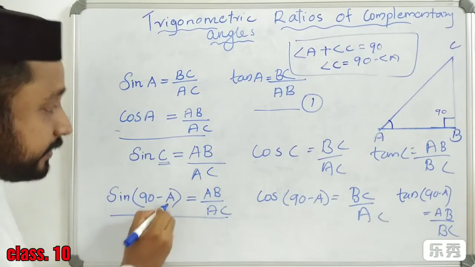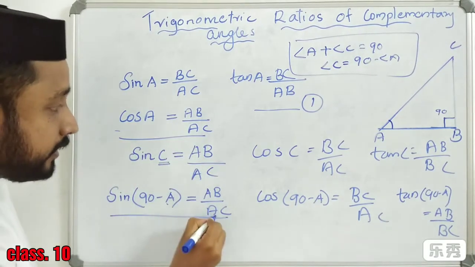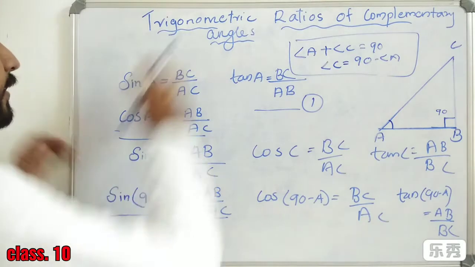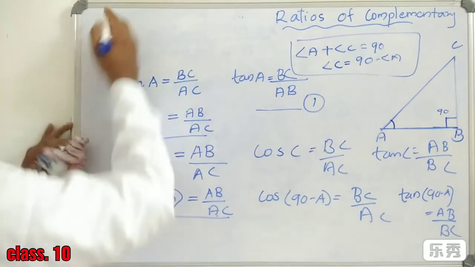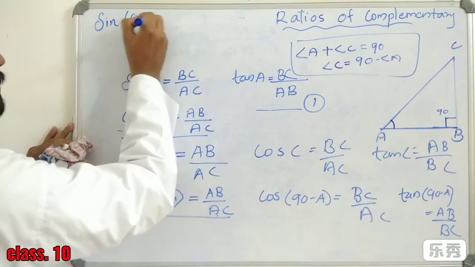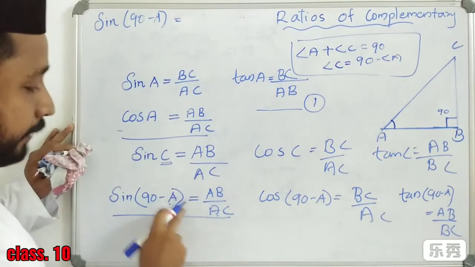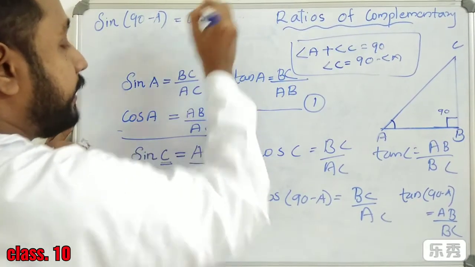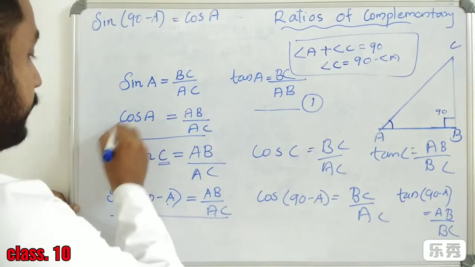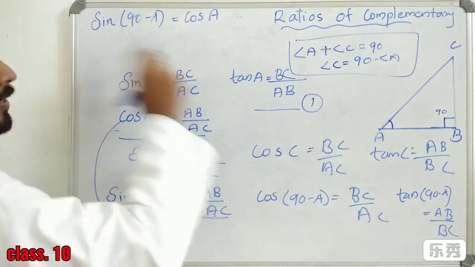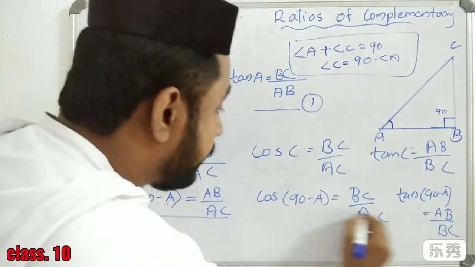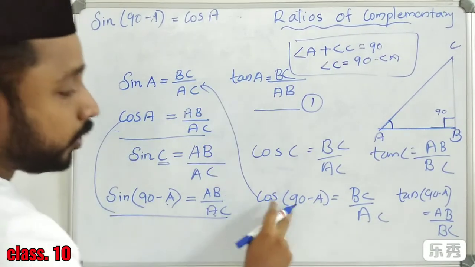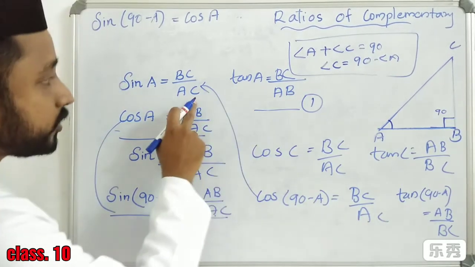So sin 90 minus A is equal to AB by AC, which is equal to cos A. So we got a formula: sin 90 minus A is equal to cos A. Then cos 90 minus A is BC by AC, and here sin A is also BC by AC.